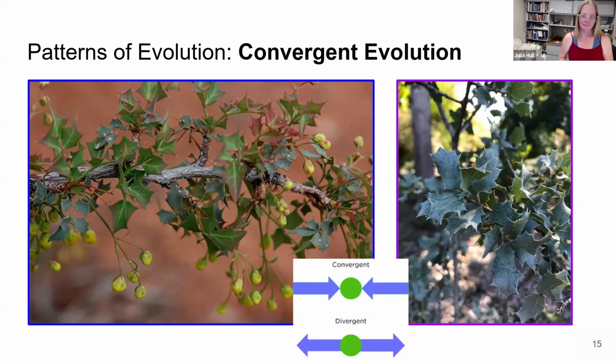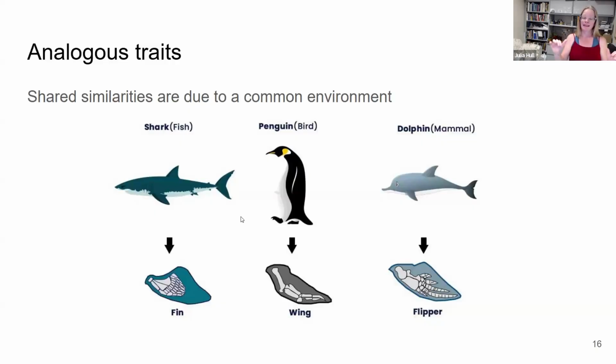So in this case, of these small stabby leaves that we see on these two not closely related species, we would call these analogous traits. Okay, so these are shared similarities, and they have those similar traits because of their common environment. They're facing the same issue, and they come up with a similar solution.